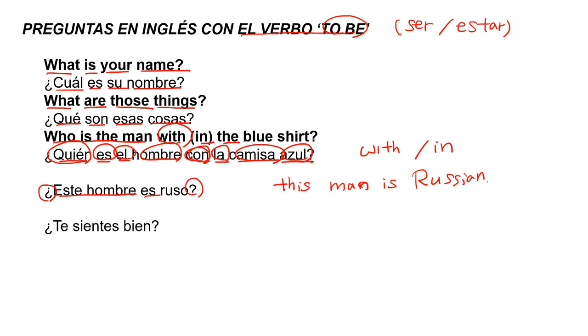So in English, we send to be verb. Is this man? So you don't need this. Russian. Is this man Russian? Este hombre es Russian. Is this man Russian?